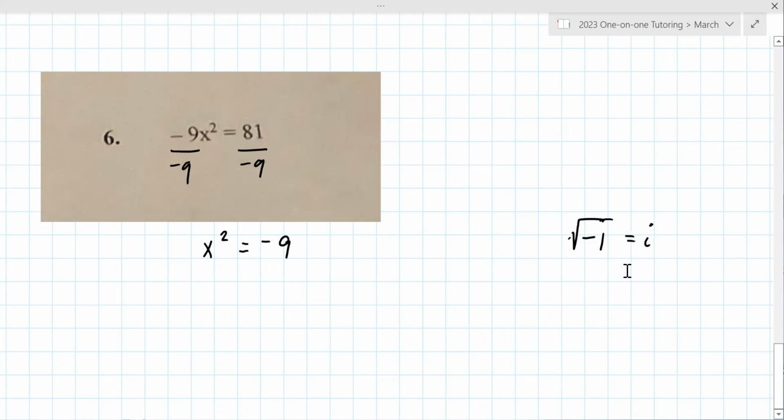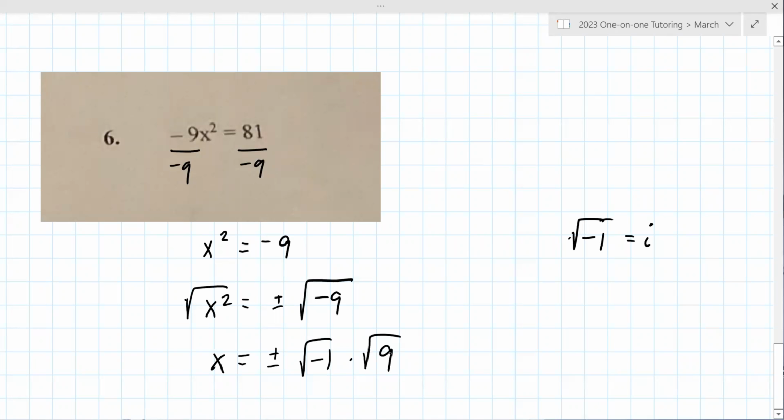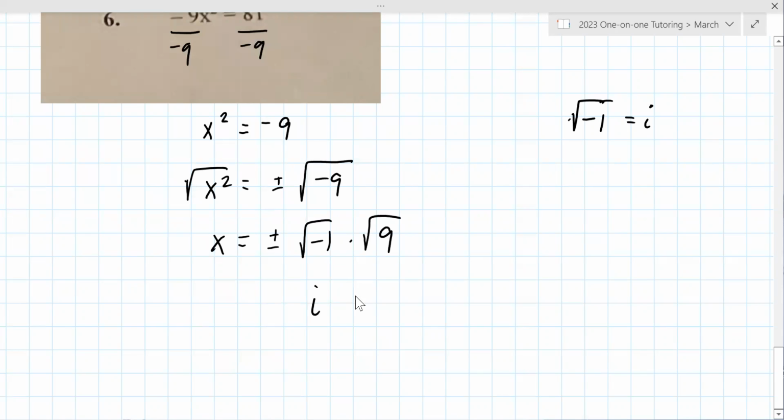Okay. So we do have to take a square root of both sides. Plus or minus the square root of negative 9. That becomes plus or minus the square root of negative 1 times the square root of 9. And that's where this negative 1 is i, and 9 is 3.